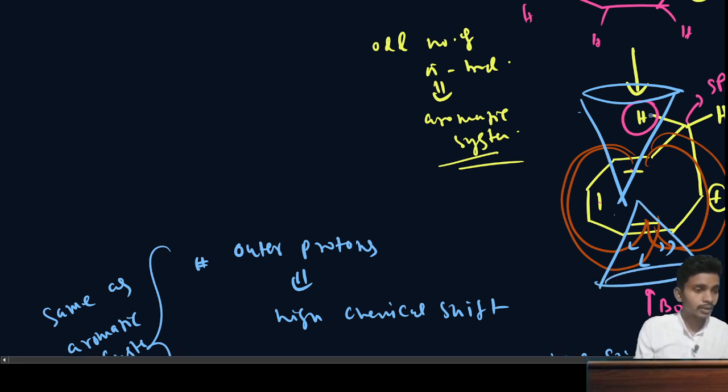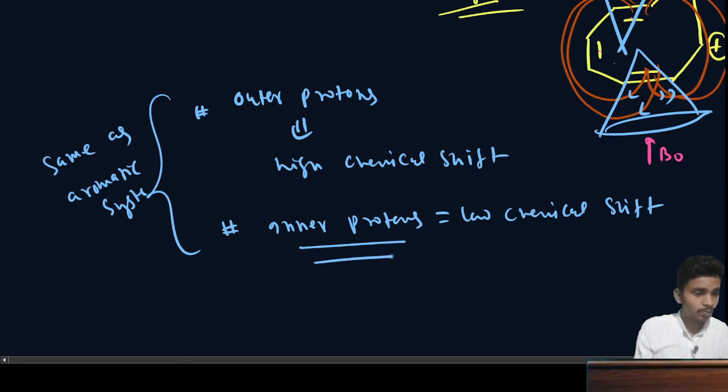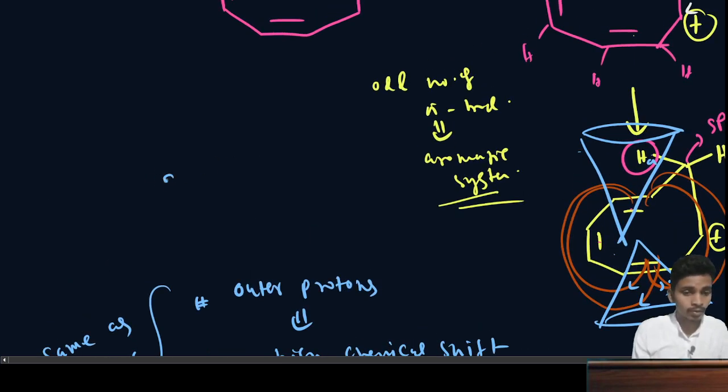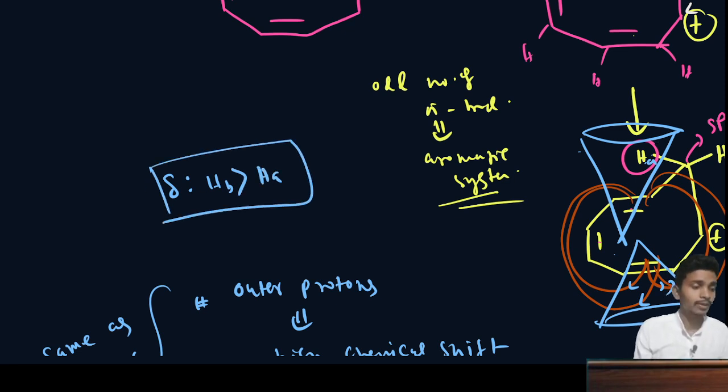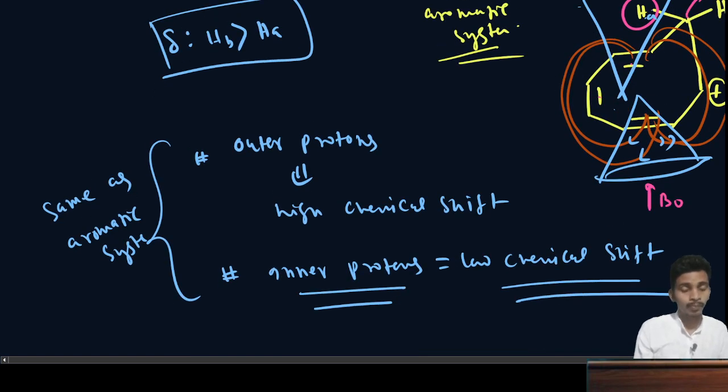So these protons, let's say A, and let's say this B, will be inside the cones, so we call them inner protons, and they have a low chemical shift value. Whenever you compare the chemical shift, this HA will have the low chemical shift, and HB has the higher chemical shift than HA, because this is inside the cone. It follows the same as the aromatic systems.